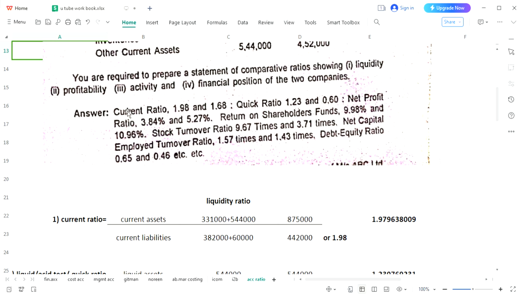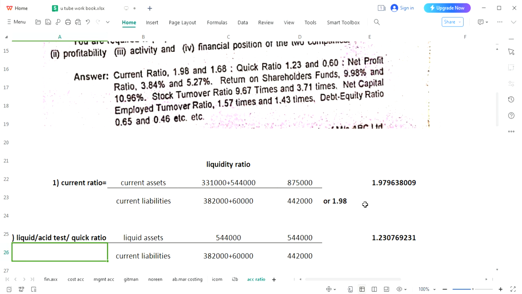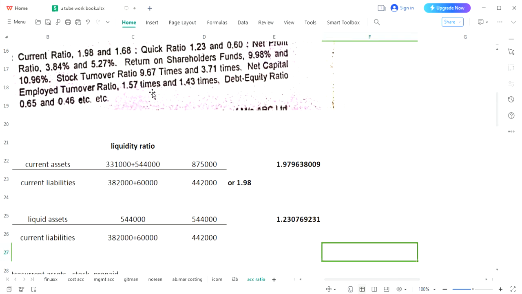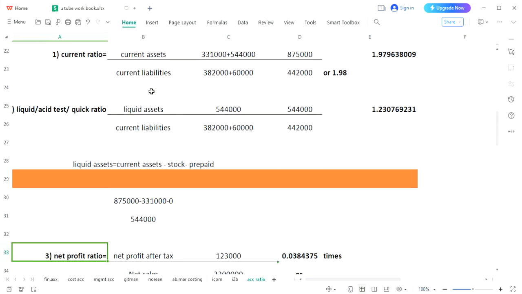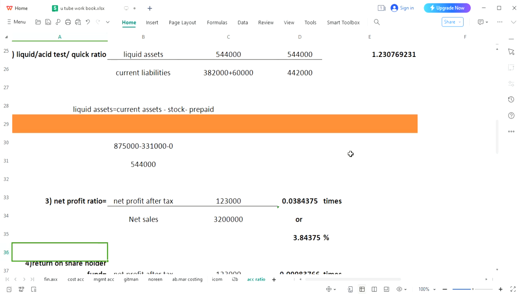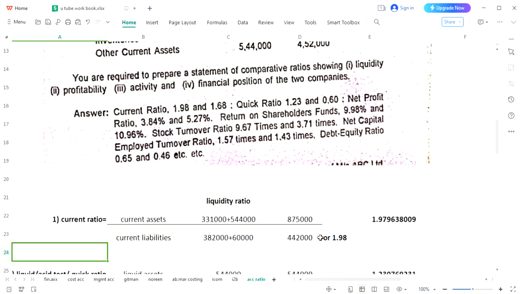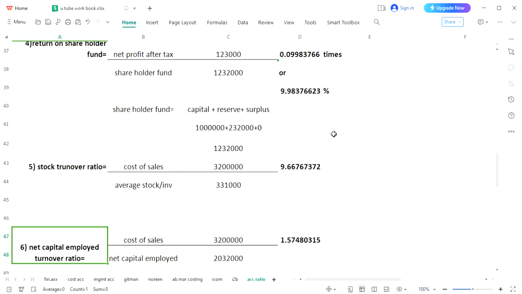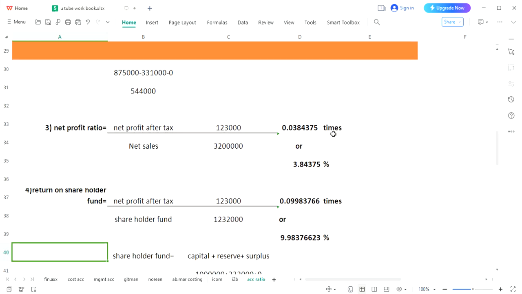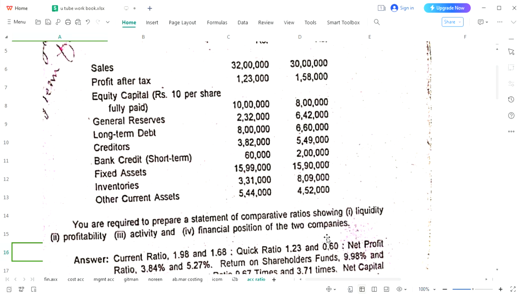Once again I am showing you the current ratio 1.98. Then we have quick ratio 1.23. Then we have net profit ratio 3.84. So this is net profit ratio and the answer is 3.84, and here you can see 3.84. Then return on shareholder fund 9.98, number 4.